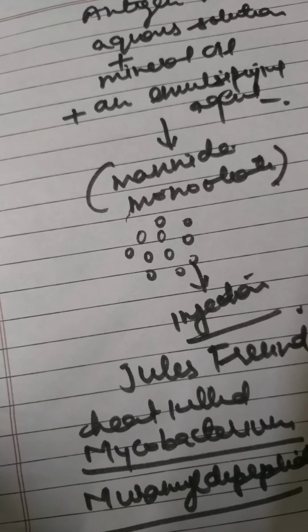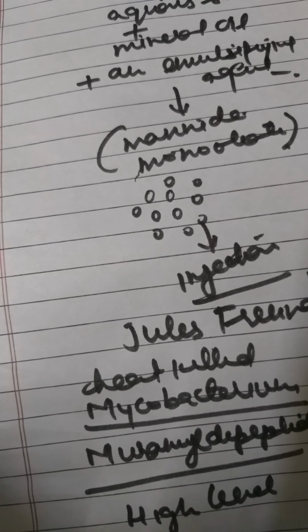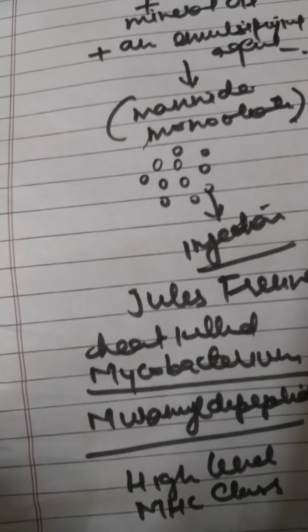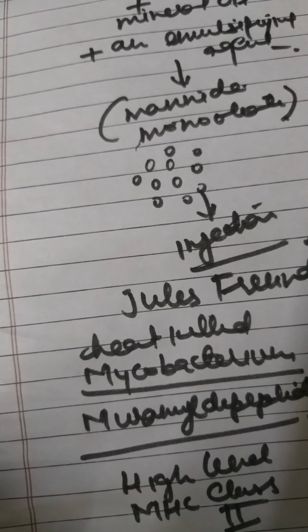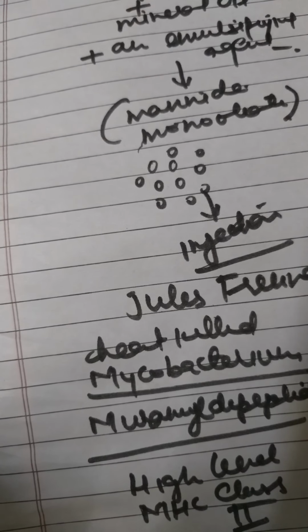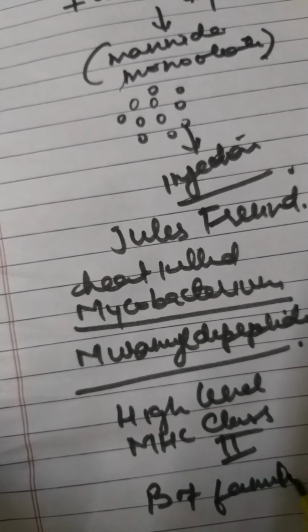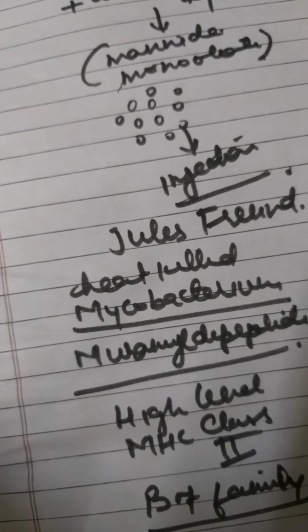Activated macrophages are more phagocytic than unactivated macrophages, and furthermore they express high levels of class 2 MHC molecules and also molecules of the B7 family. We've already read about these B7 family molecules.